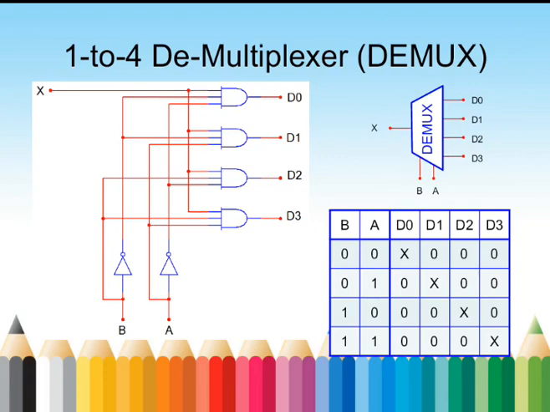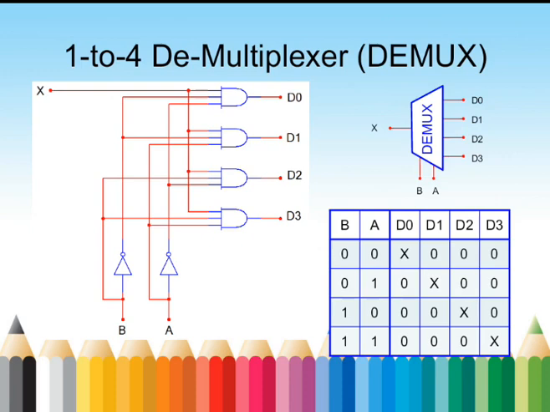There are two different selection lines A and B, and the 4 different outputs D0, D1, D2 and D3. Similar to the multiplexer, the selection lines have the same combinations: 00, 01, 10, 11.